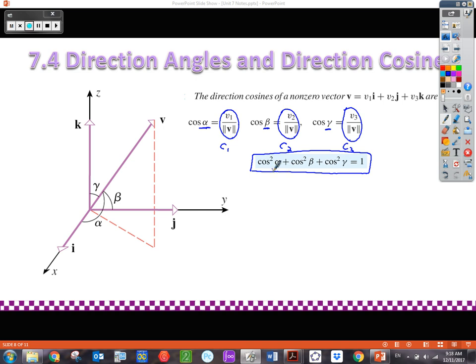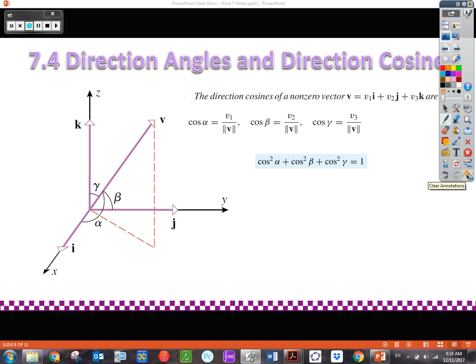Let's say we're given alpha and beta. We would be able to find gamma using this relationship. So that's an important relationship to know. It gives a relationship between the three angles and helps you find a missing angle.